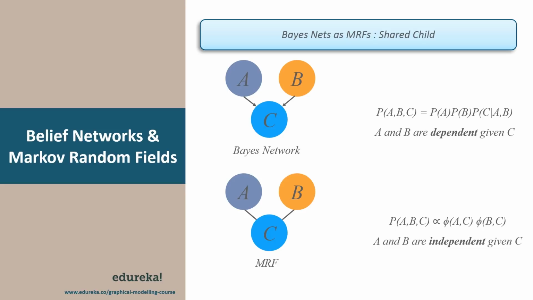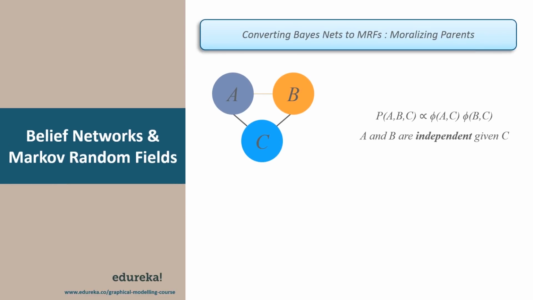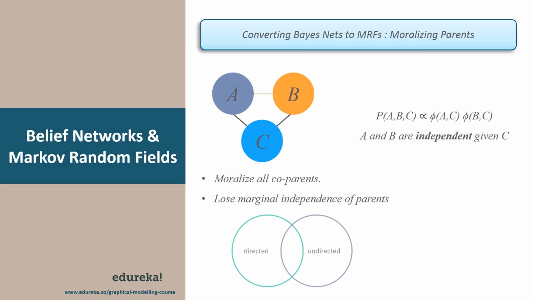The answer is no, as long as A and B are independent of C. But if you connect A and B, it solves the independence problem of A and B being independent of C. It's called moralizing the co-parents. Basically, we are getting a new potential function, or a new clique, between A, B and C. And that fixes the independence problem.